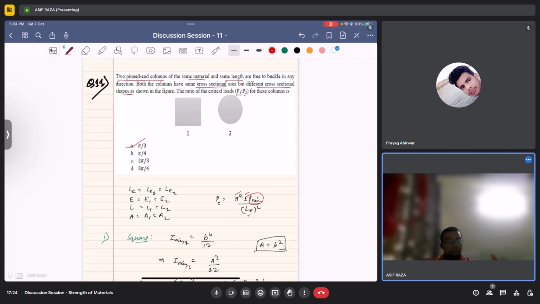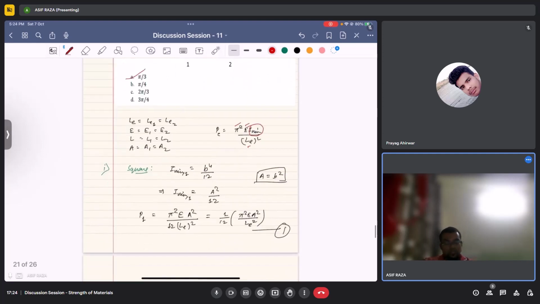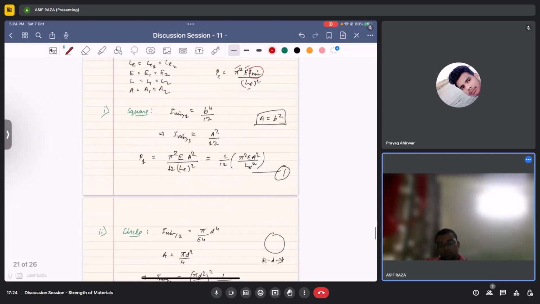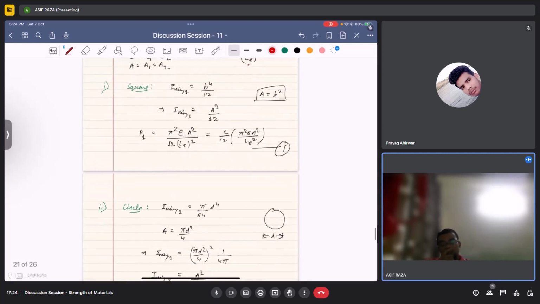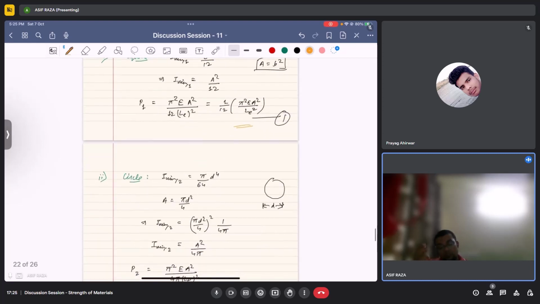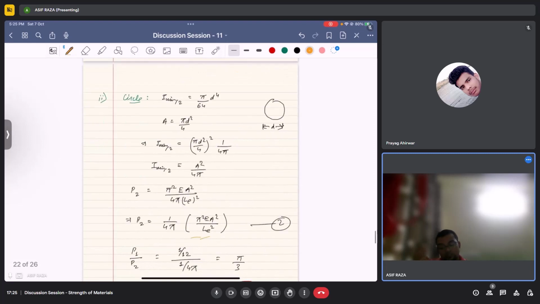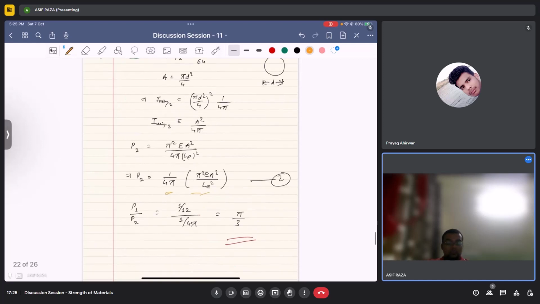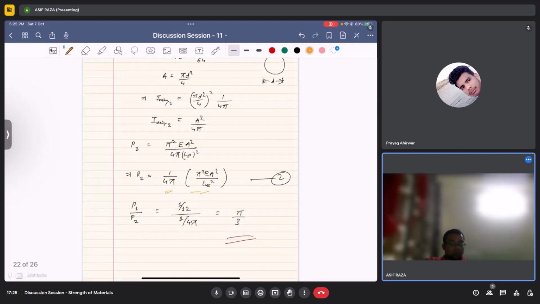I minimum would change. I minimum can be written in terms of area, which is also the same for both systems. So if we write that and take the ratio, it becomes an easy calculation. The bracket thing is the same for all. The only thing would be 1 upon 12 for the first case and 1 upon 4 pi for the circular case. Then when we take the ratio of these two, it will come out to be pi upon 3.